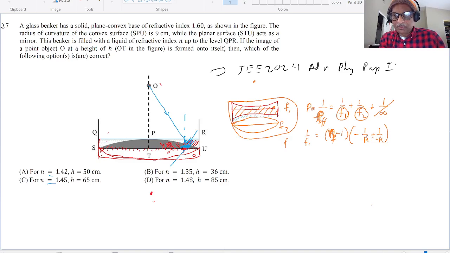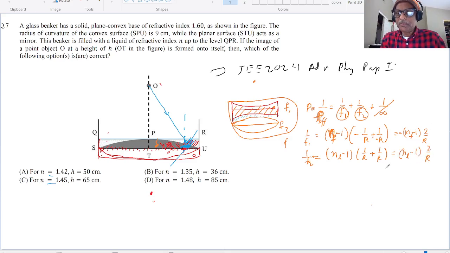Both of them negative, so this is going to be n_f minus 1 times minus 2 over r. And 1 over f2 similarly is going to be n of the lens material, we're going to call it n_l, times 1 over r plus 1 over r, so this is going to be n_l minus 1 times 2 over r. When you add these guys up, you can see this constant factor will cancel out.